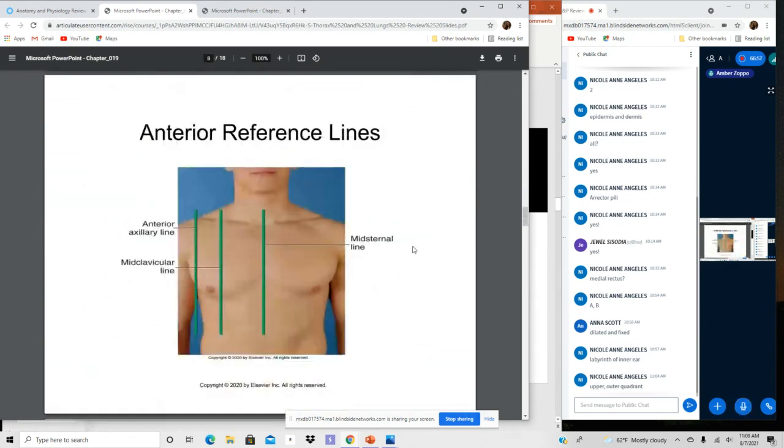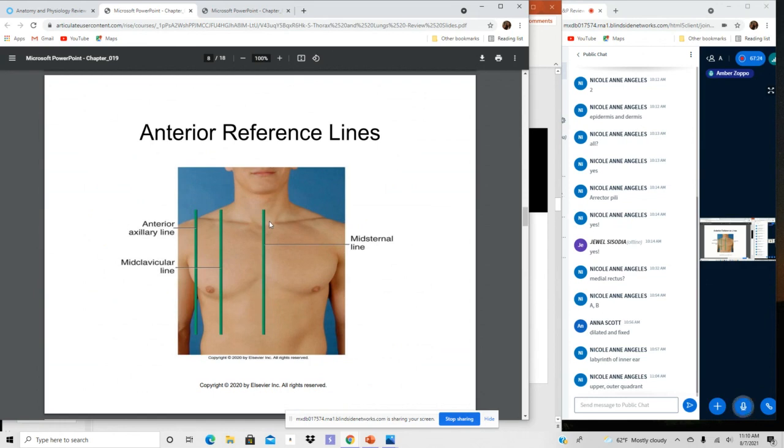Okay, so this picture is a good picture which shows the anterior reference lines. Remember, your clavicle is this bone here, so the mid-clavicular line splits that clavicle in half. Your axillary is your armpit, and that's right here. So this is the mid-axillary line. And the sternum, remember, is right in the middle, and this is the mid-sternal line that you can use as reference lines.